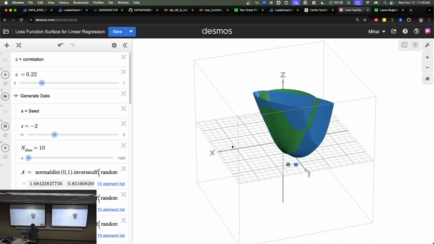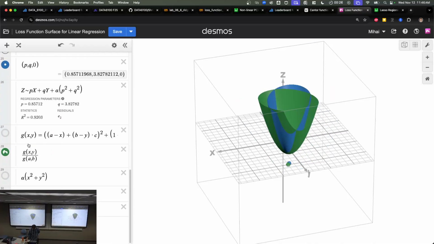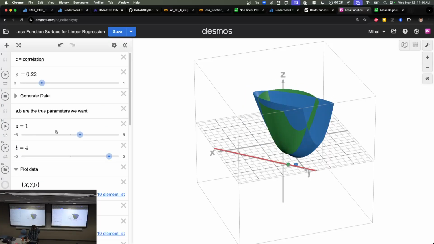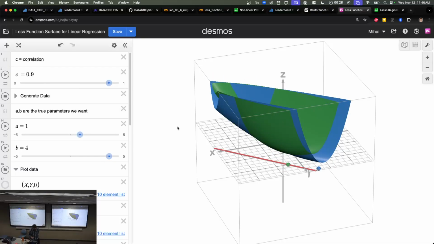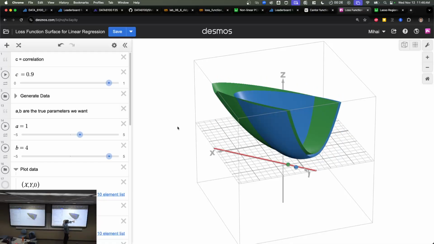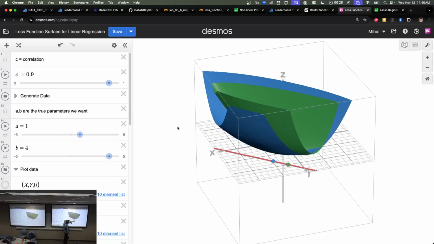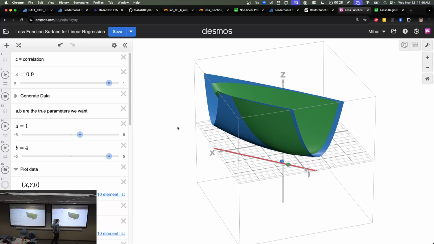And for example, one of the problems that we've noticed is that when things are correlated, let's put back on this red line. If there's a lot of correlation between the data, right now the correlation is 0.22, but I can bump up the correlation to some huge number like 0.9. If there's a lot of correlation, then the estimate that we get from the data, blue, is not great. It will kind of slide up and down because you have this long direction of the bowl, right?